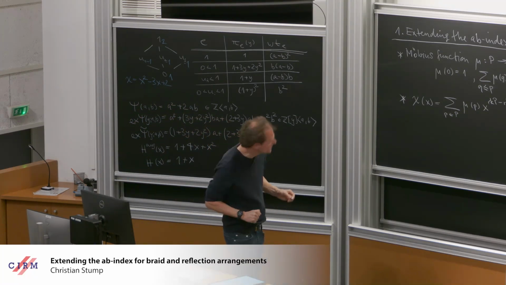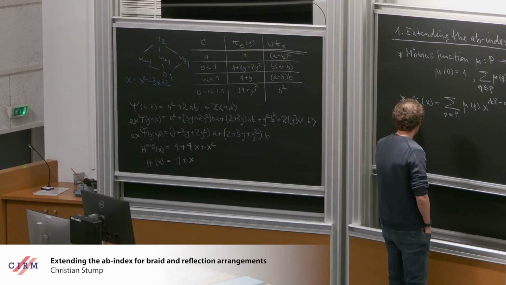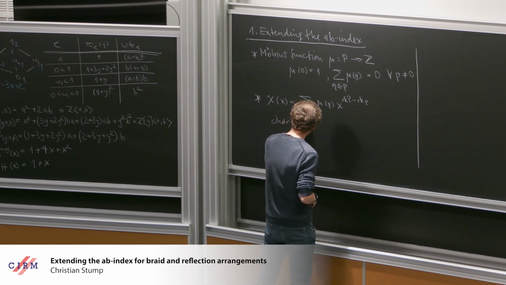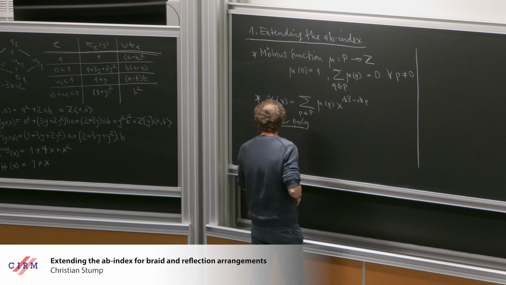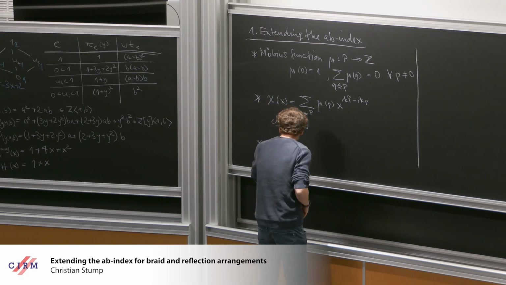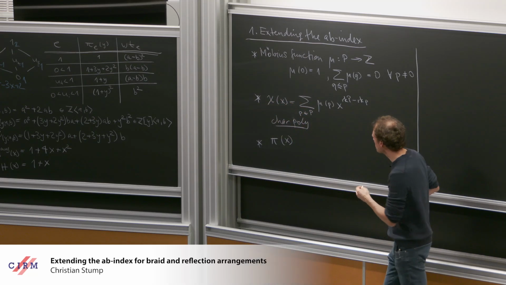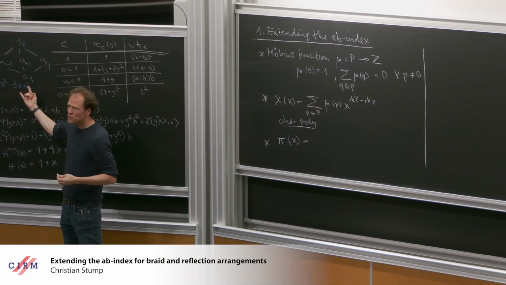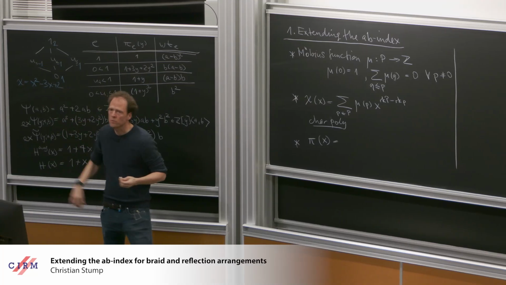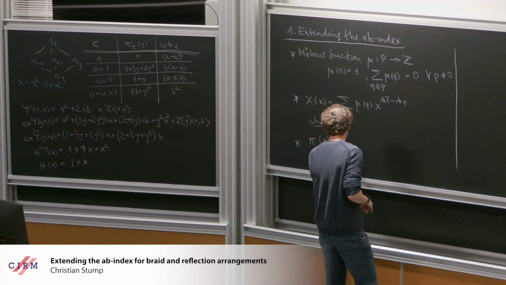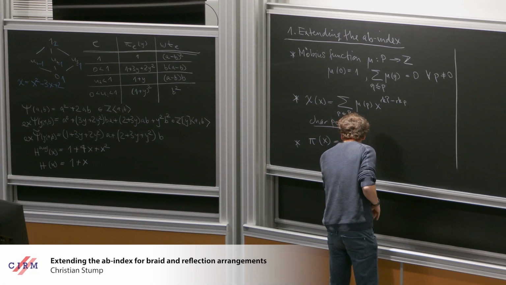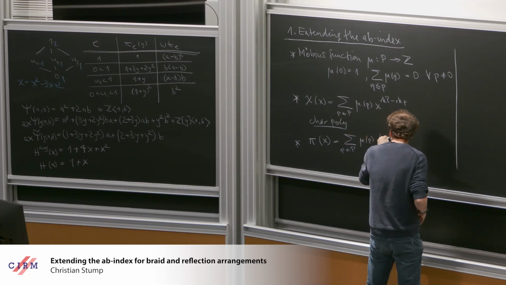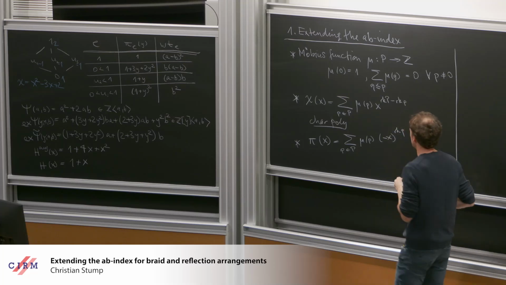And then the Poincaré polynomial. The Poincaré polynomial of x is the same data, but read backwards and alternating, getting positive signs. So this is the sum over p in P of the Möbius function value of p times minus x to the rank of small p.